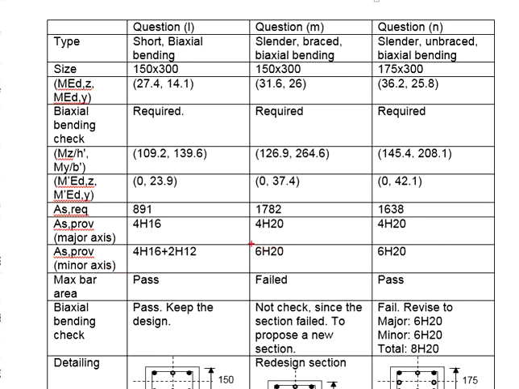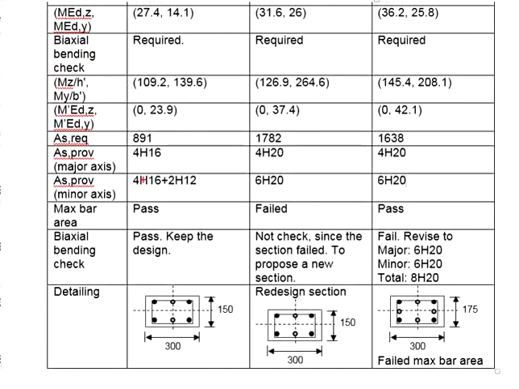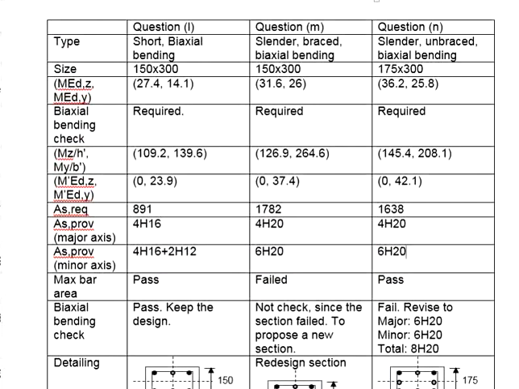As for the slender braced column and slender unbraced column, the amount of reinforcement bars provided is 6H20 as far as the minor axis is concerned. Bear in mind that the dimensions of the column vary slightly.